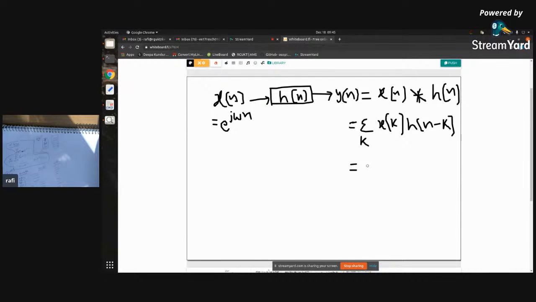When you substitute e power j omega n in the place of x of n, you get the summation over k of e power j omega k h of n minus k.